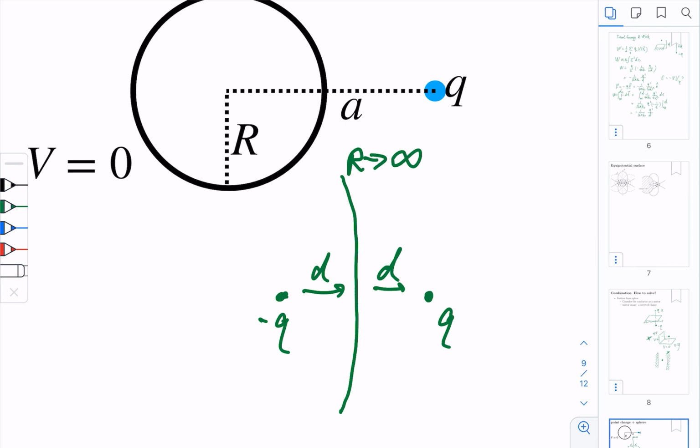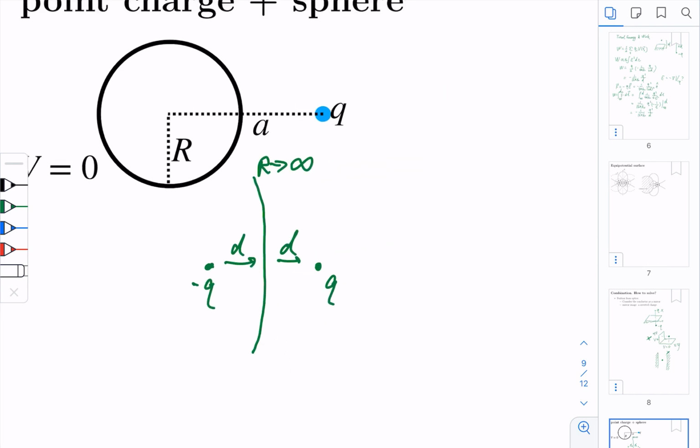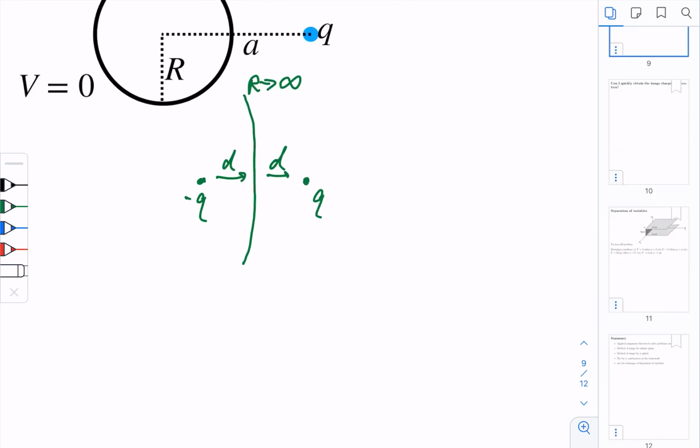And another intuition is that now we can take the point charge to be far away, somewhere around there. And now we can try to see where exactly we need to put this test charge.